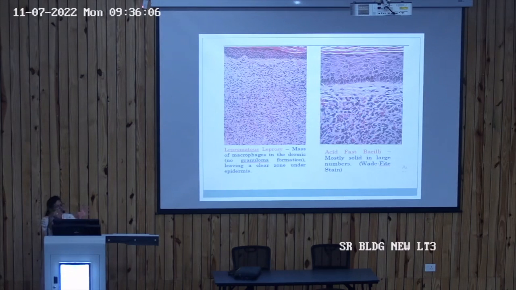So this is the picture of lepromatous leprosy. So in histopathology you can clearly differentiate between tuberculoid leprosy and lepromatous leprosy. Can you see the picture how different it was from tuberculoid leprosy? In that there were collections of granulomas around the nerves, around the vessels, but in lepromatous leprosy what happens?